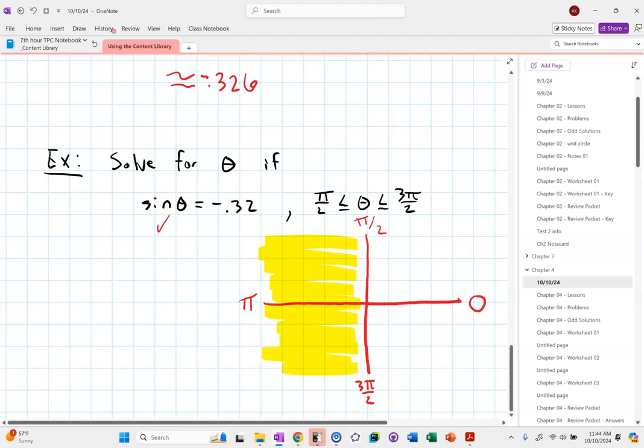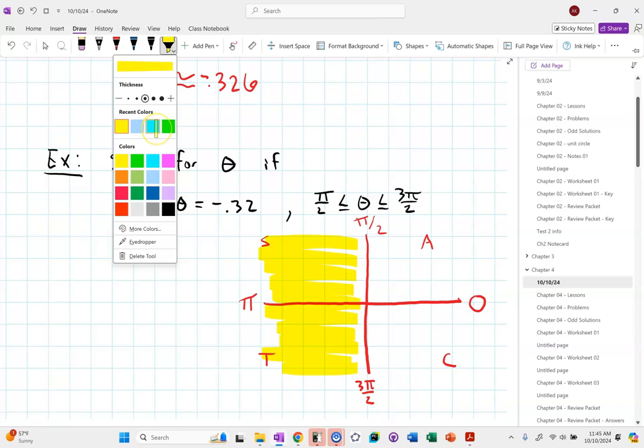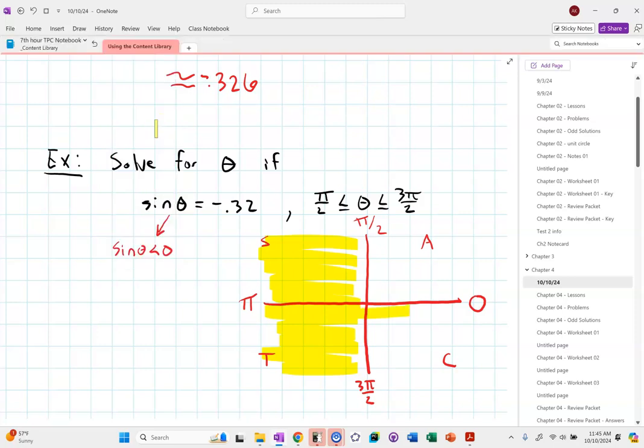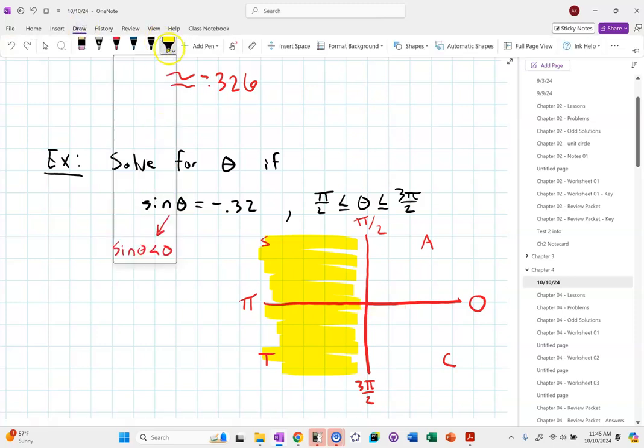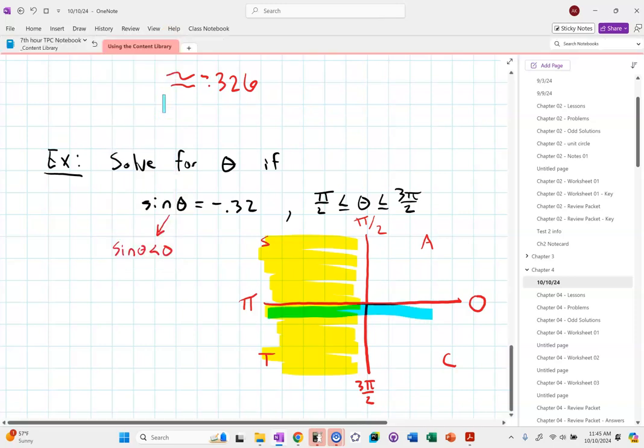So I'm going to say, okay, well, I also know that sine theta is negative. So if I do All Silly Turtles Crawl, I know that sine is negative in quadrants 3 and 4.